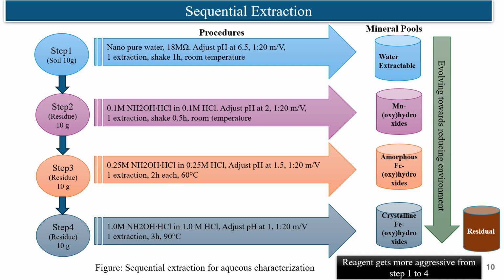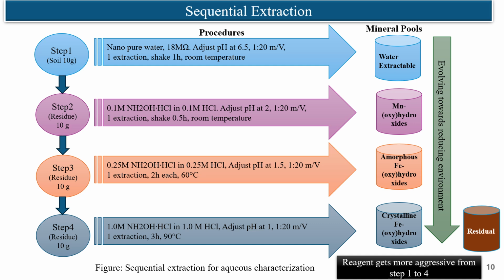The chemical sequential extraction begins by taking 10 grams of soil, and as we move from step 1 to step 4, the soil is treated with aggressive reaction conditions, which included stronger reagents in terms of concentration, higher temperature, and decreased pH or more acidic condition.